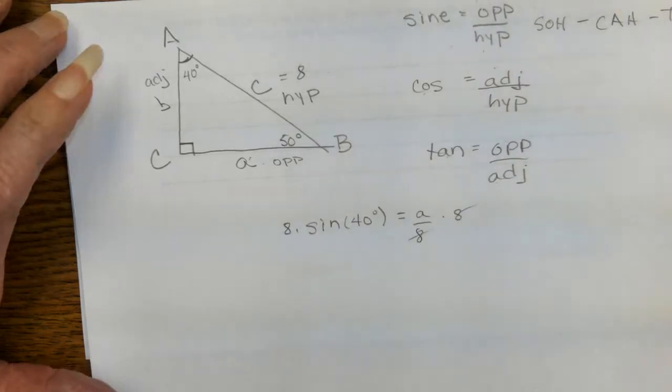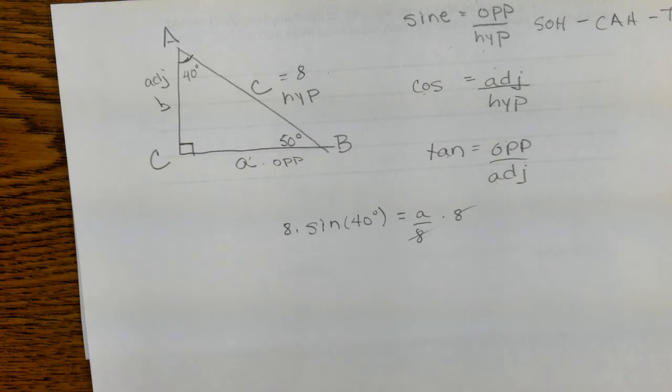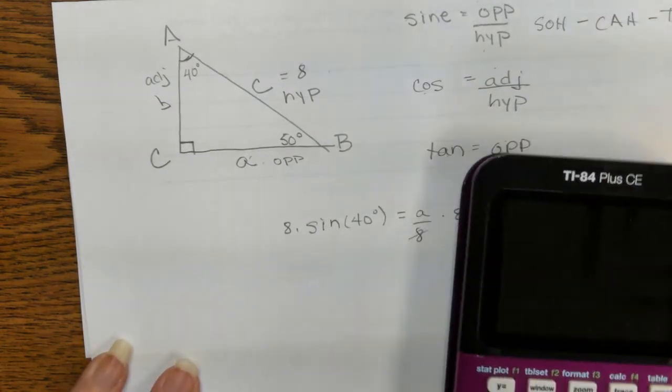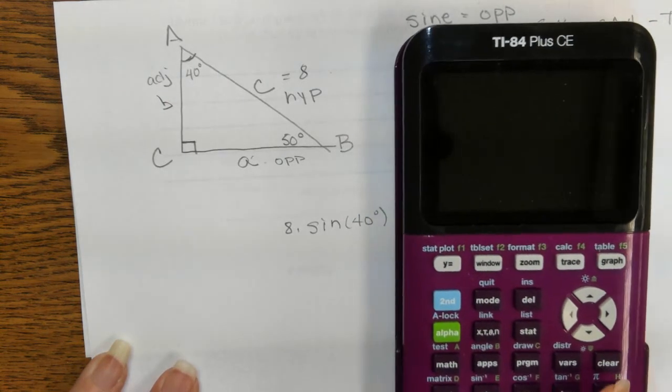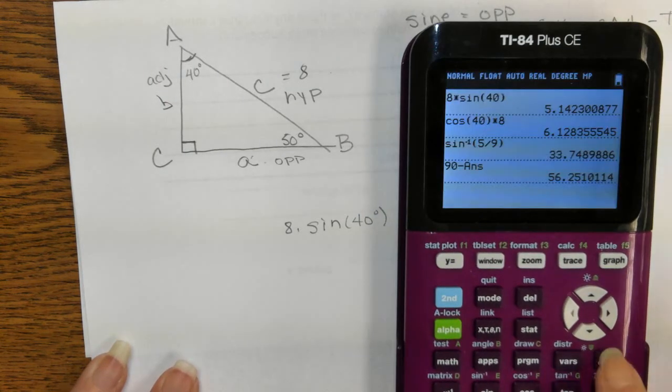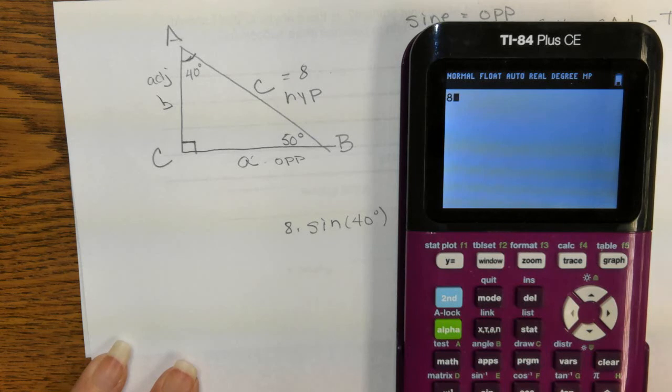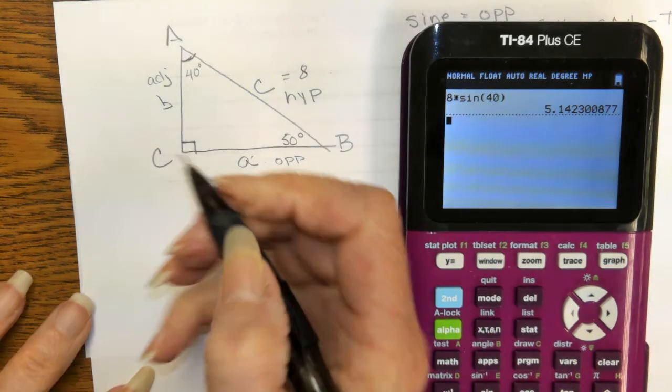The 8's cancel out over here. And put this into my calculator, which of course should be in degree mode, and then all I have to do is put in 8 times the sine of 40, and my answer is approximately 5.14.